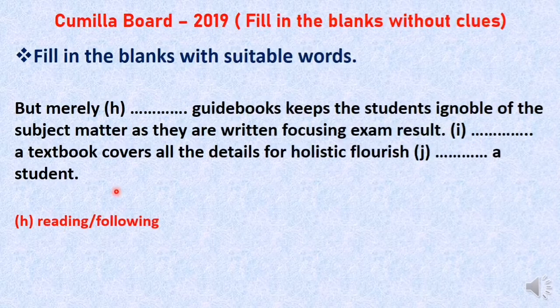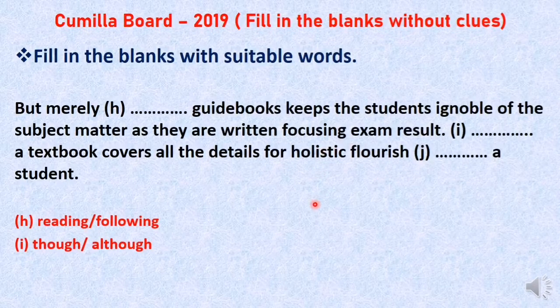Now dash a textbook covers all the details for holistic flourish. So here it will be though. The answer will be though. Though or although, you can write either one, both words have the same meaning. So though or although a textbook covers all the details, for what reason? For holistic flourish.